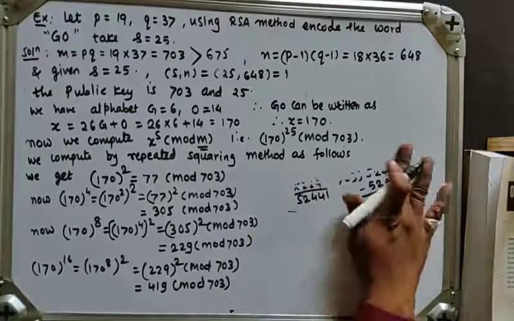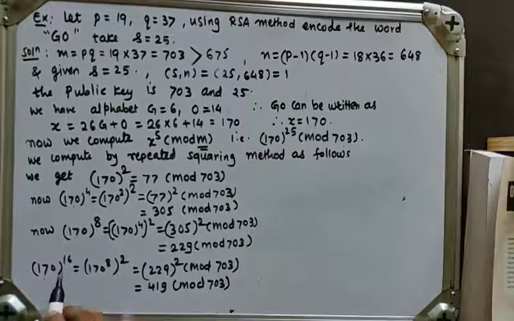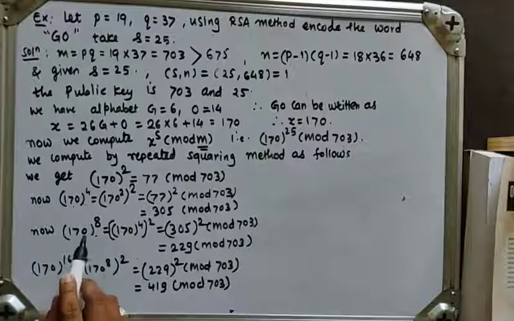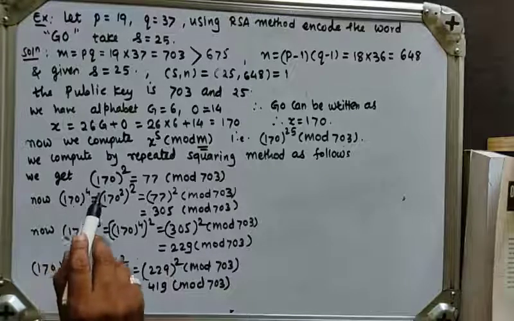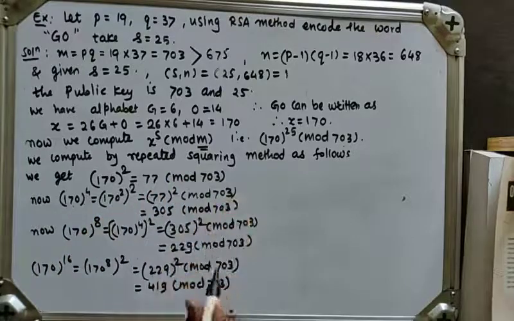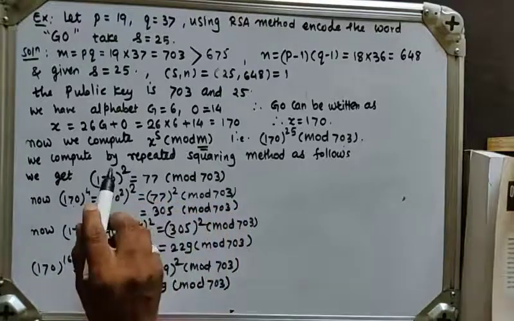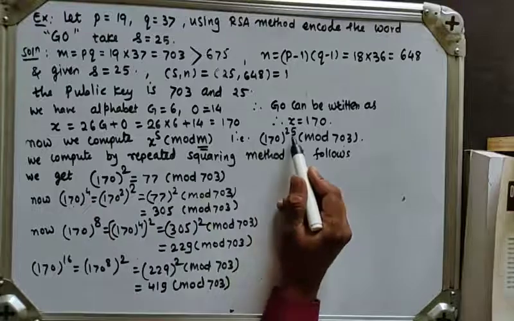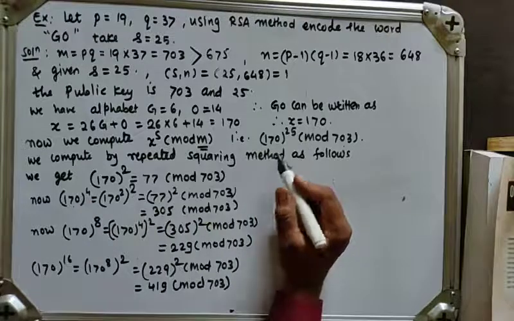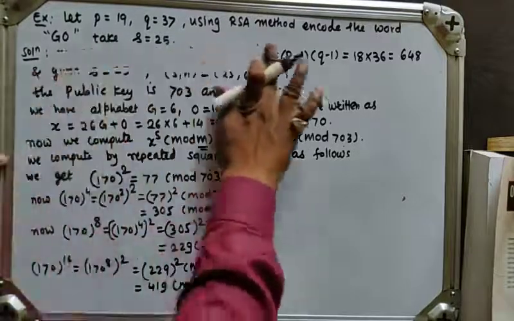Now here we have the values of 170 raised to 16, 170 raised to 8, 170 raised to 4, and 170 raised to 2. Now we have to calculate the value of 170 raised to 25.